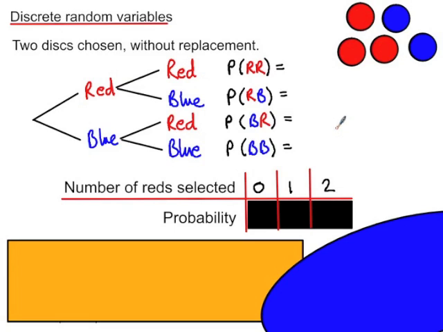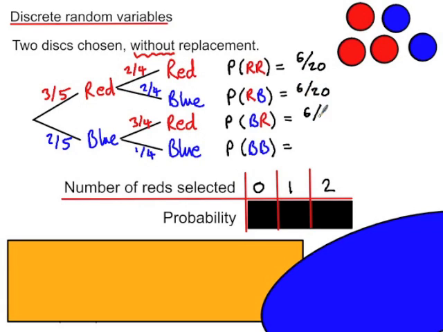Here's a probability question involving 3 red and 2 blue discs in a bag. 2 discs are chosen without replacement. The probability of choosing a red disc second, given that we chose a red disc first, is 2 out of 4. So the probability of choosing 2 reds is 6 out of 20. Probability of choosing a red followed by a blue, 6 out of 20 again, 6 out of 20, 2 out of 20.